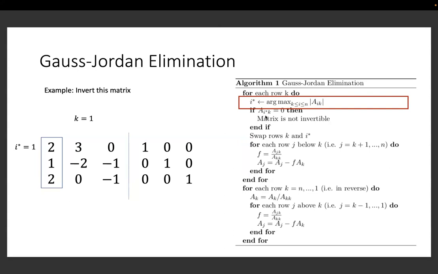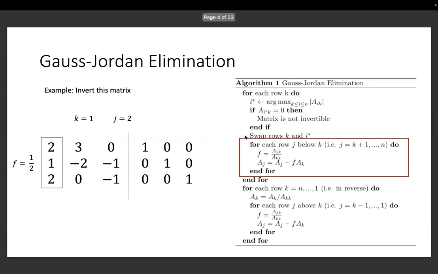If we find that this element is equal to 0, we can conclude that the matrix is not invertible. Otherwise we just go to the next step. So then we swap rows k and i star. Here i star is equal to k, so we swap the row by itself, and we can do that. And then we have another for loop.